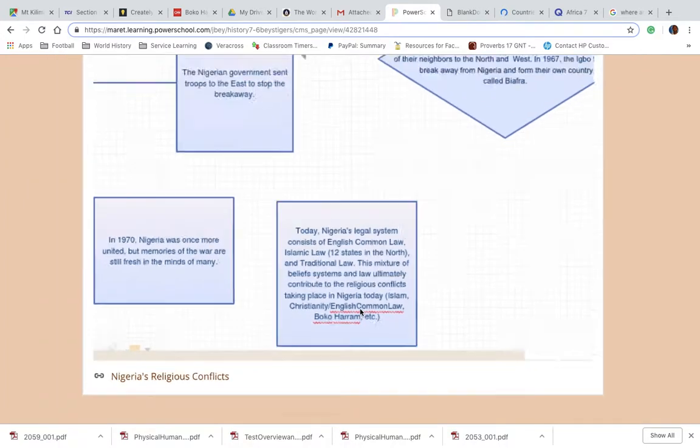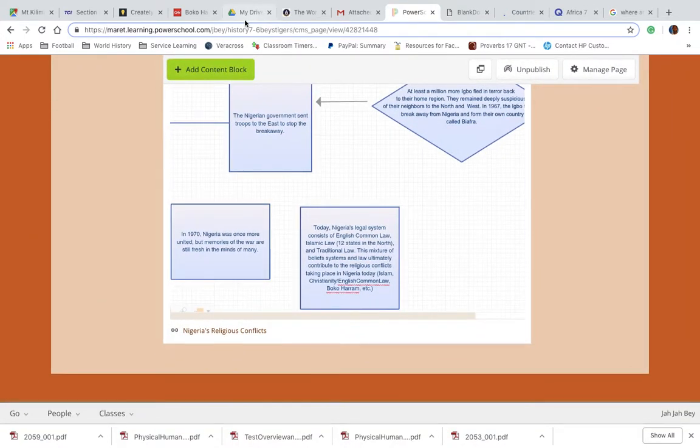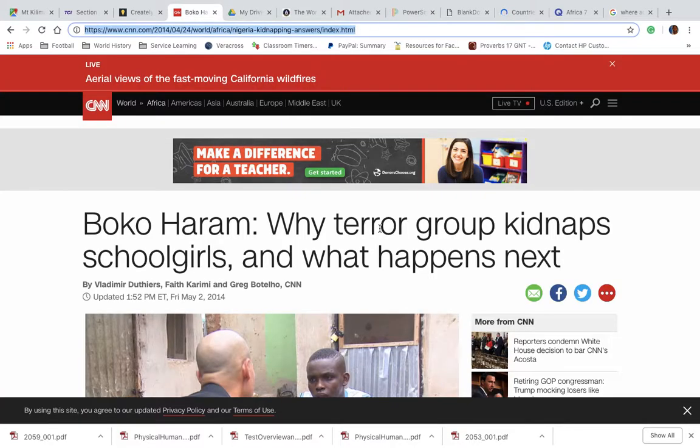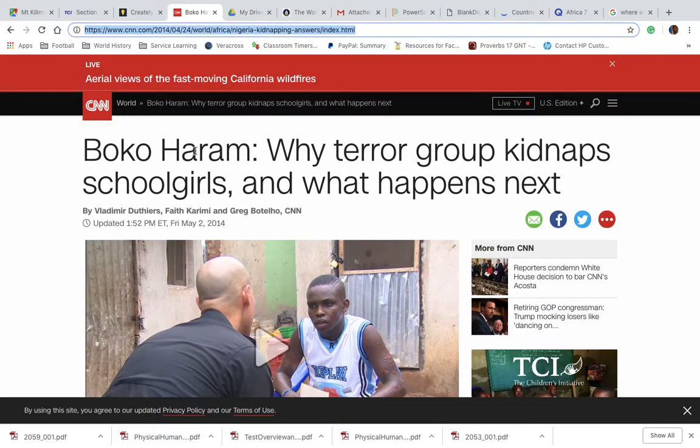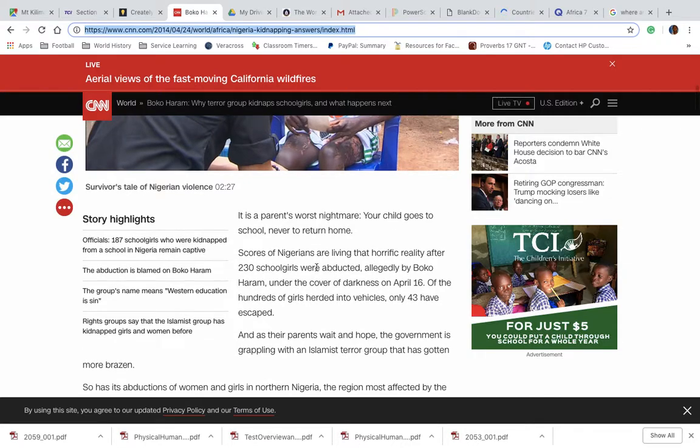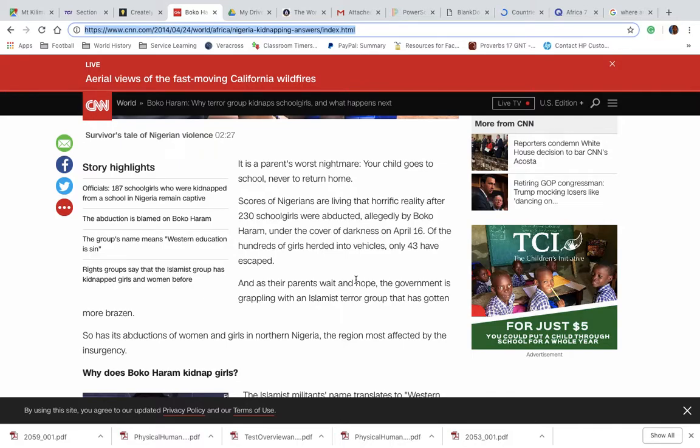And you can see it being played out as groups that you know about, right? Boko Haram, you can see why they kidnap little girls or why they're attacking certain groups. And it is mainly for the sole purpose of enforcing, spreading Islamic law in more places, right? And avoiding what? Avoiding English common law rooted in Christianity.